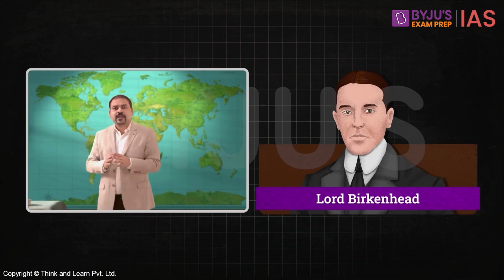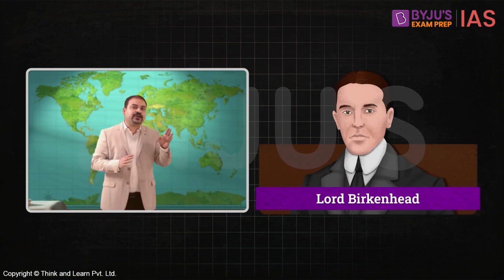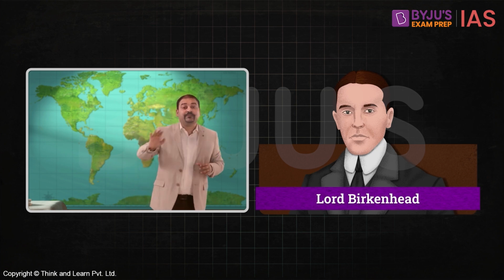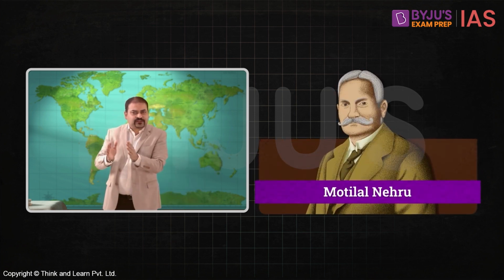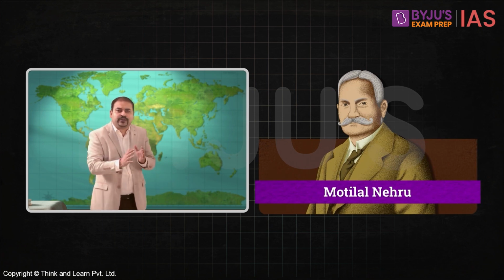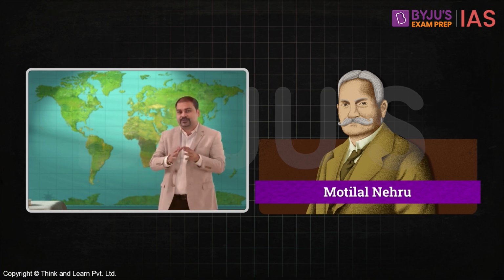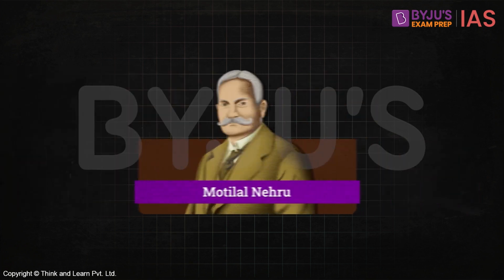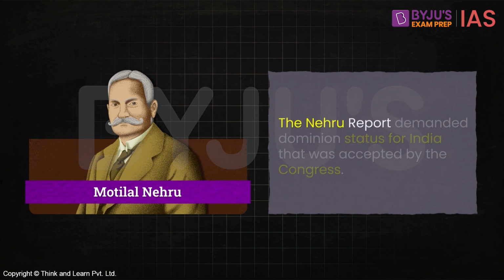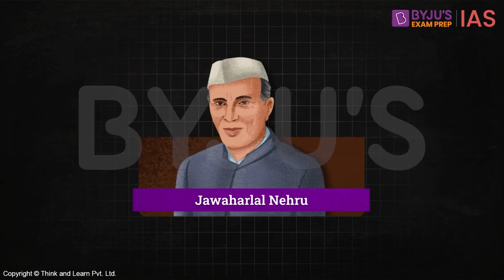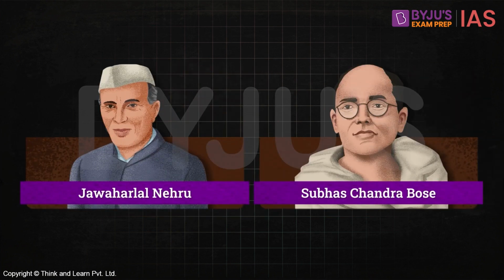In the same year, Indians were challenged by Lord Birkenhead to draft a constitution that was accepted by everyone. The nationalists called for an all-party conference and appointed Motilal Nehru as the chairperson of the drafting committee. The report submitted, popularly known as the Nehru Report, had demands like dominion status for India that was accepted by Congress but disapproved by the younger members such as Jawaharlal Nehru and Subhash Chandra Bose.